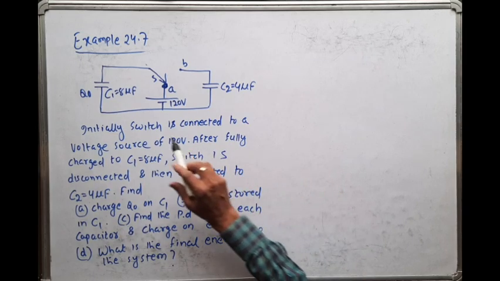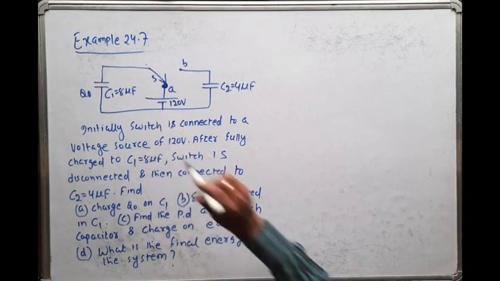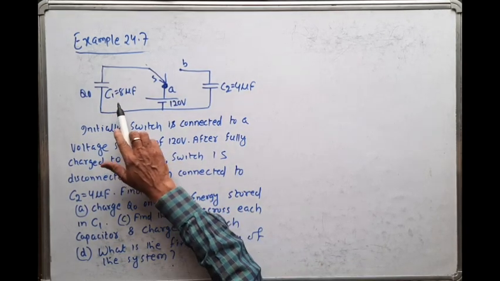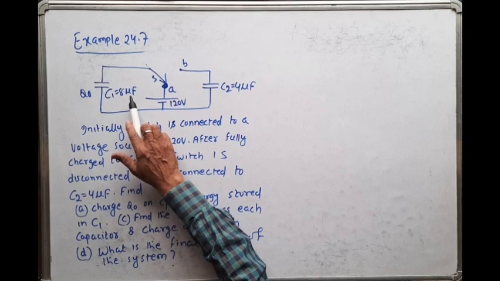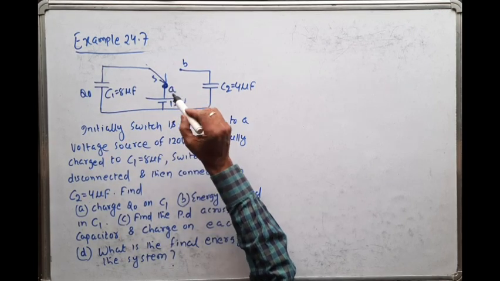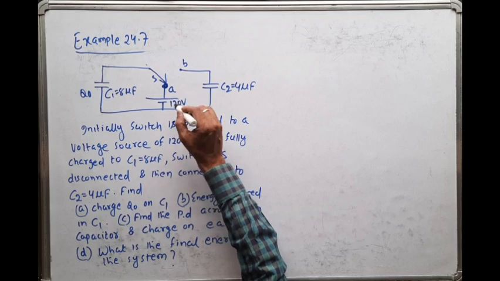Now see, let us solve this problem, Example 24.7. So this is the C1 capacitor with 8 microfarad capacitance. It is connected to the switch A and to the battery.